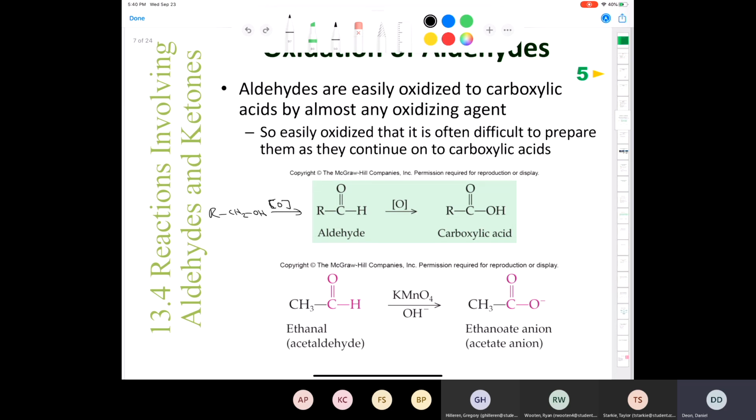Now here in the slides, it says almost. Well, almost means not all, okay? There are some reagents, we don't cover them in this course, but just put the bug in your ear. There are some reagents out there that will affect the transformation of a primary alcohol directly to an aldehyde and just stop there. Okay, the buck stops there.